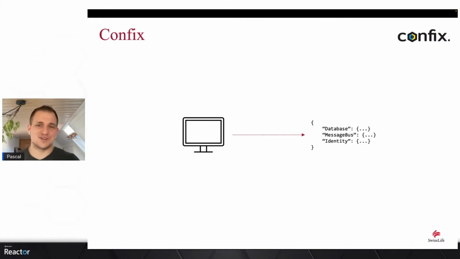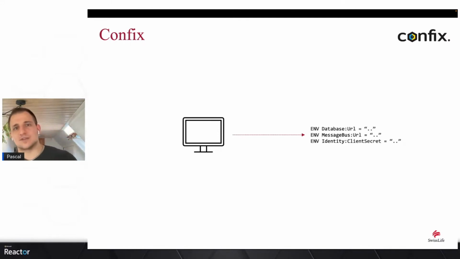You could just store them on the disk, but as soon as you have secrets in the configuration, you can no longer store them on the disk. I mean, you could, but you shouldn't. You also have different environments, so your configuration file is different depending on where it runs. And also, what about permissions? Not all of your developers should have access to all the secrets of the company.